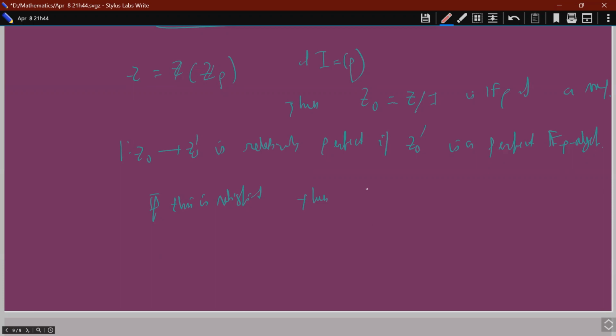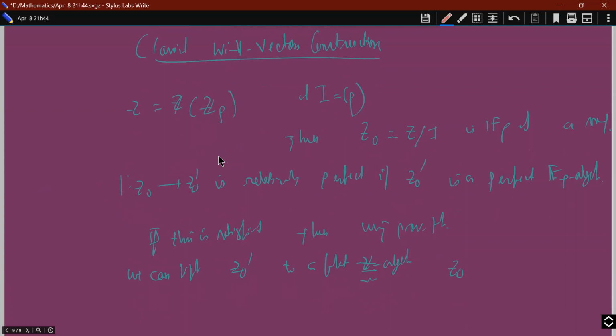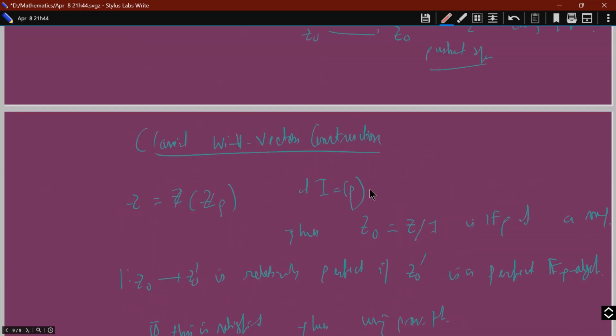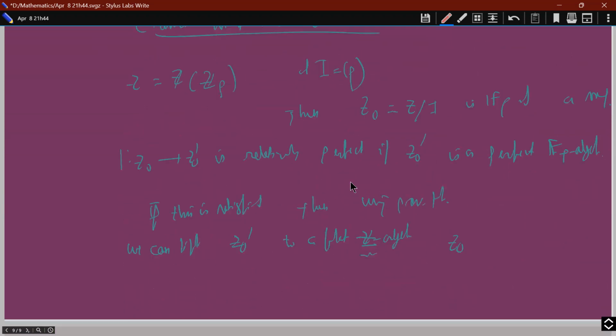If this is satisfied, then using the previous theorem, we can lift to a flat Z algebra. Maybe I could have been better with the notation. The bold Z is for integers, and Z is just the name of the ring. Okay, let's stick with that.